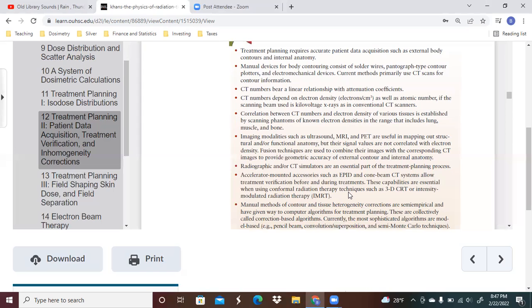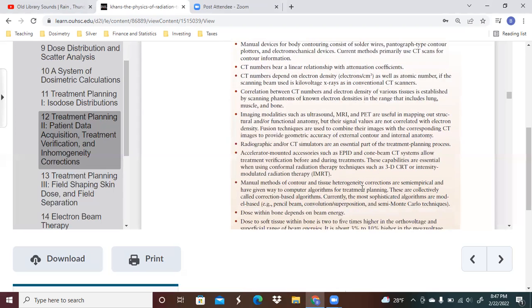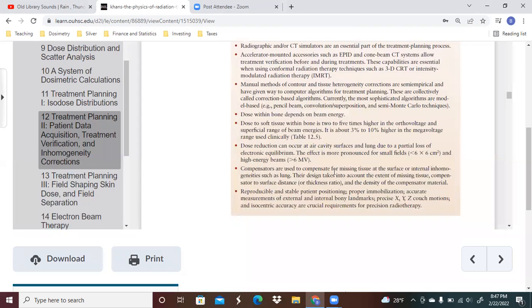And most of them are no longer going to have you shooting this on film. They're going to have an onboard imaging process for you to take the image and then determine whether or not you're on target and whether or not you want to yell at your dosimetrists for not having the bones showing up as well as they should. Not that that's ever happened to me.